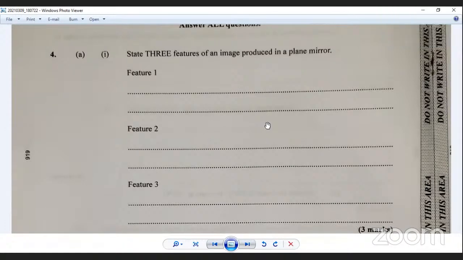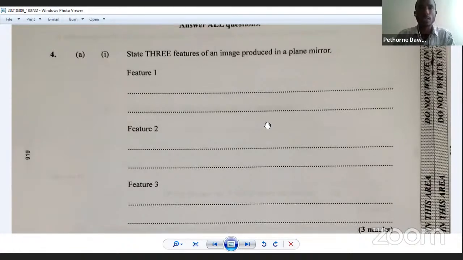Upright. It is upright. All right. And another one that you could add is that the image and the object are the same size. So you don't look in a mirror and see a bigger image or a smaller image of yourself. That's where lenses come in. They magnify or they diminish. But for a mirror, what you see is what you get.